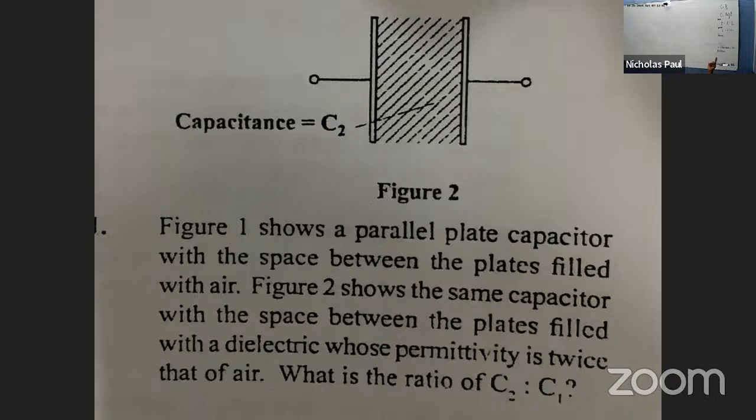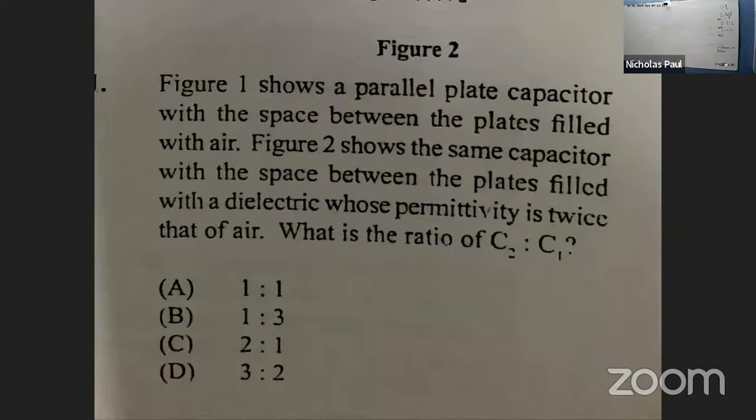Look at the formula there. The second diagram is twice as permeable. Yeah, 2 to 1, right? 2 to 1. So the answer is C.